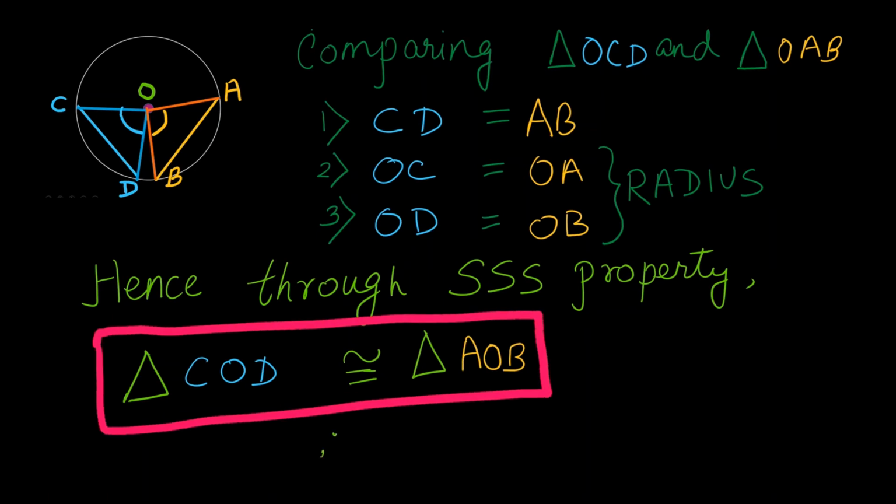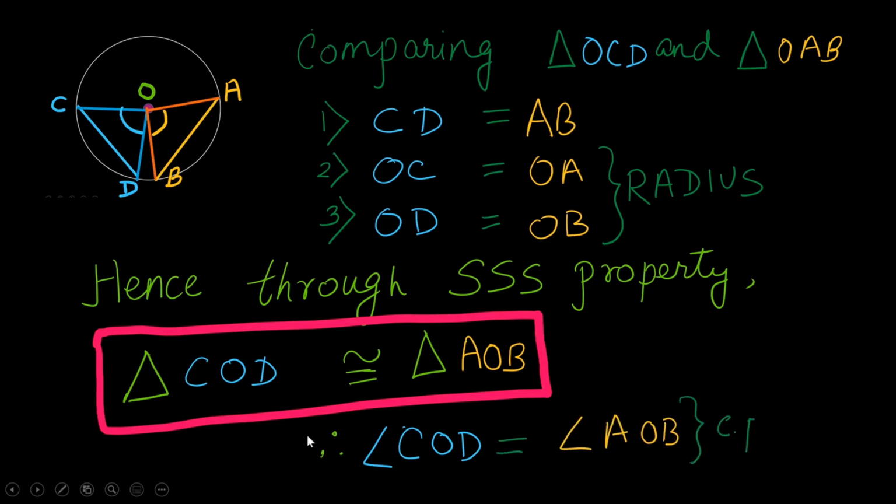So this is not the end. We need to prove that the angles are equal. So we can write that angle COD will be equal to angle AOB through CPCT. Corresponding parts of congruent triangles are always equal. So what we proved is that if any two chords of a circle are equal, then the angles subtended at the center are also equal.